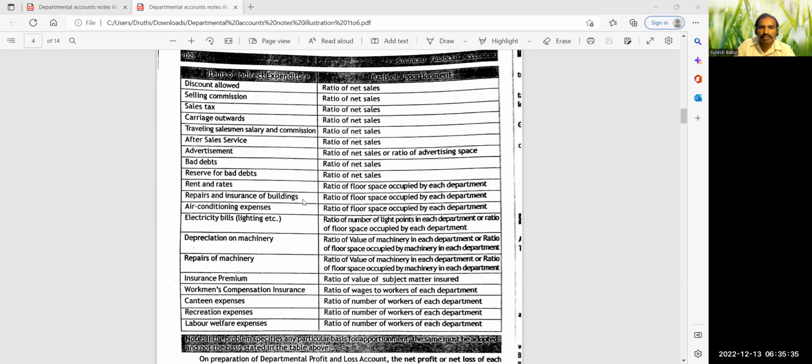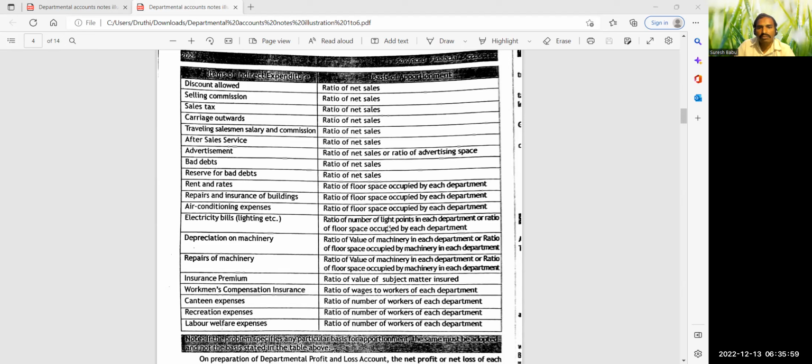The floor space of each department, in that ratio, rent and taxes to be apportioned. Repairs and insurance of buildings, same ratio of floor space occupied by each department. Air conditioning, ratio of floor space occupied by each department. Electricity bills, remember this, ratio of number of light points. Power is different. Power is a direct expenditure, and electricity for lighting is indirect expenditure.